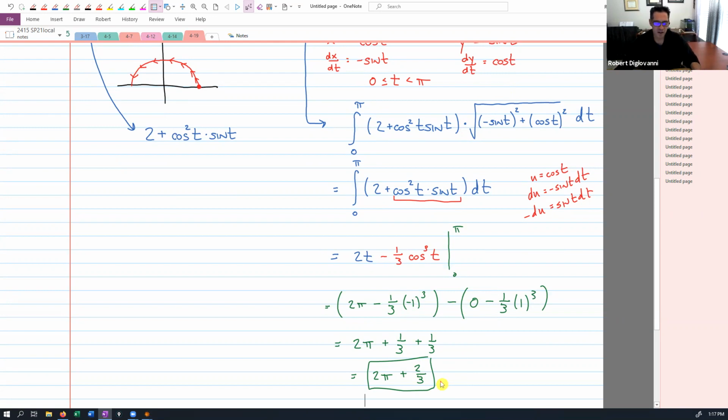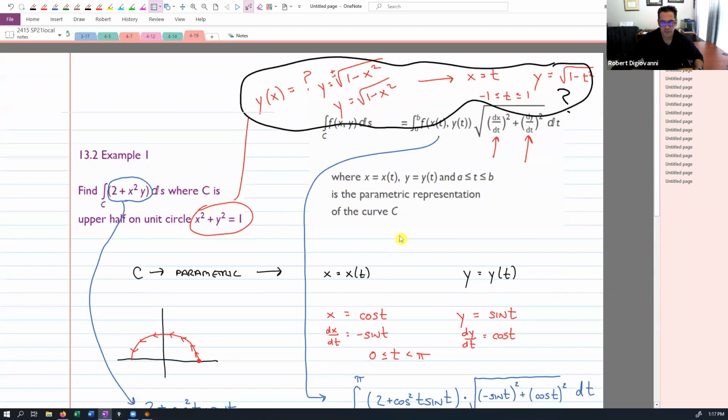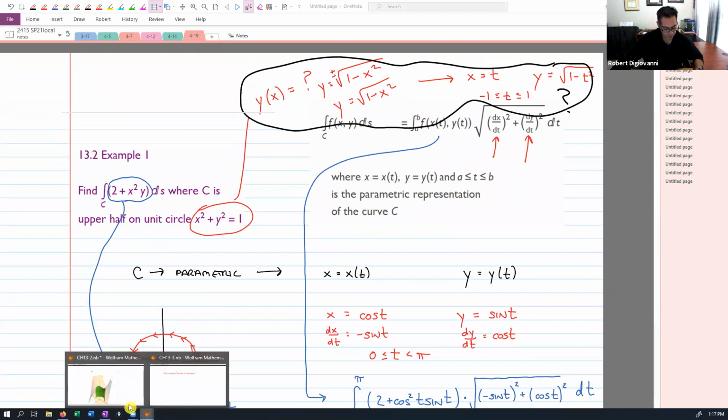So the area underneath that, the area of that curtain drop down would be 2 pi plus 2/3. Questions? You happy? All right, moving on.